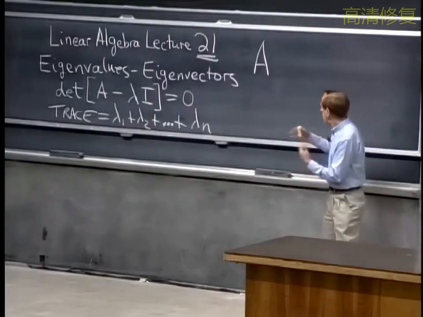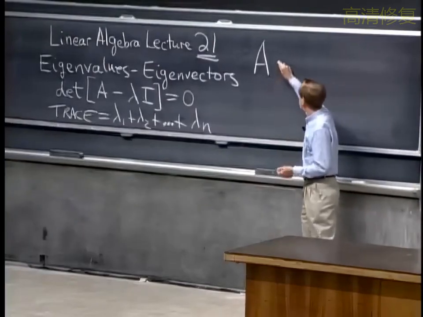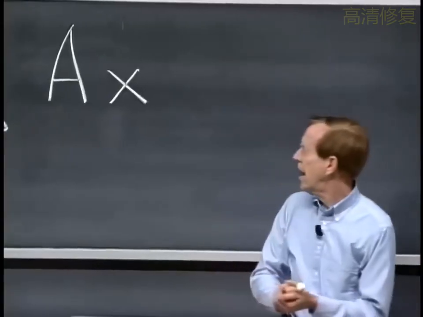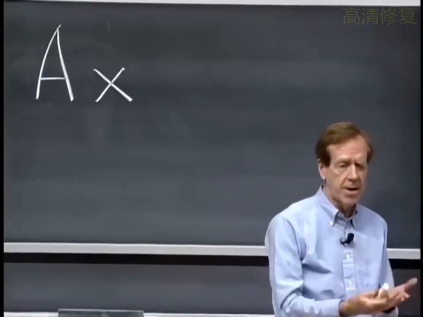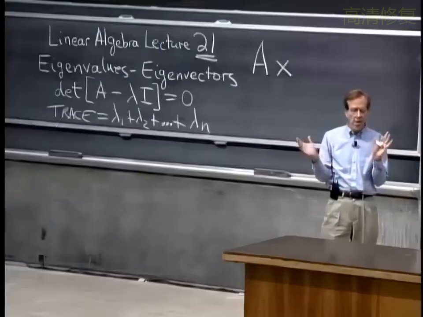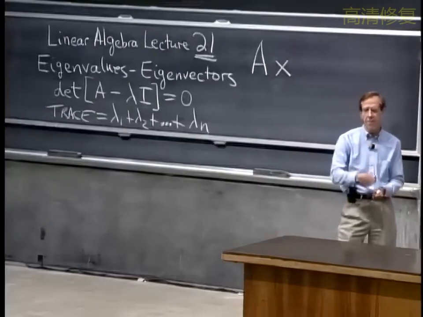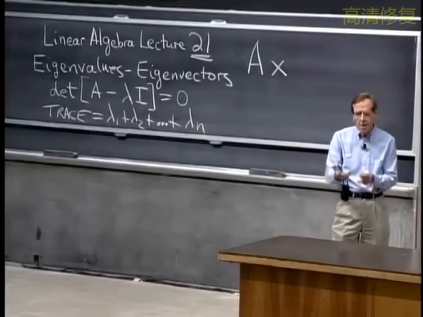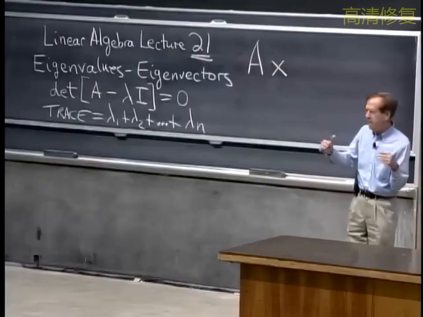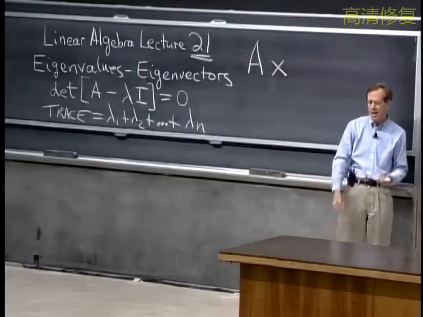So the way that matrix A acts is in goes a vector x and out comes a vector Ax. It's like a function. With a function in calculus, in goes a number x, out comes f of x. Here in linear algebra, we're up in more dimensions. In goes a vector x, out comes a vector Ax.